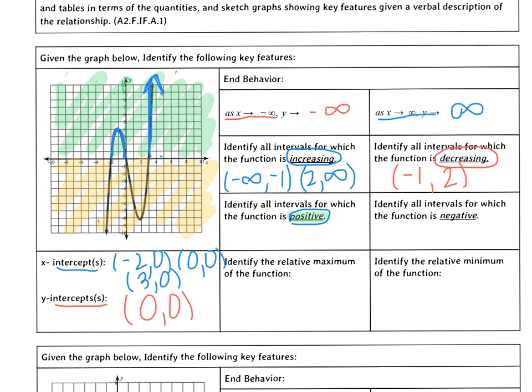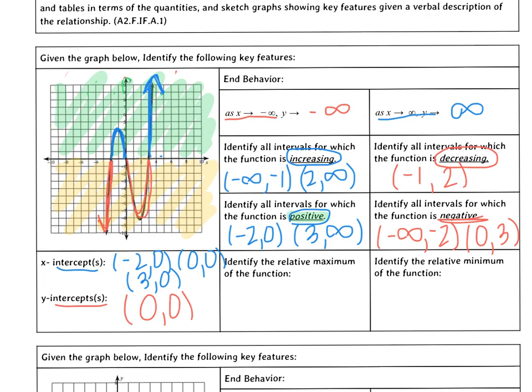Okay, so I would call that from -2 to 0, and then I would call that from 3 until it goes off the graph, so that is infinity. For my negatives, I'm going to have all of these here. So I'm going to call that -infinity to -2, and then 0 to 3.